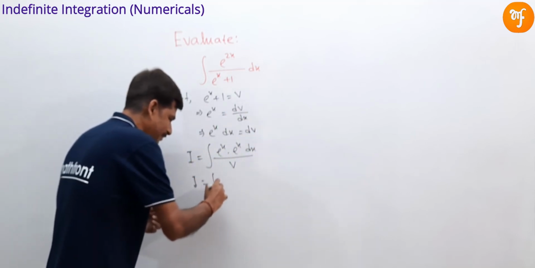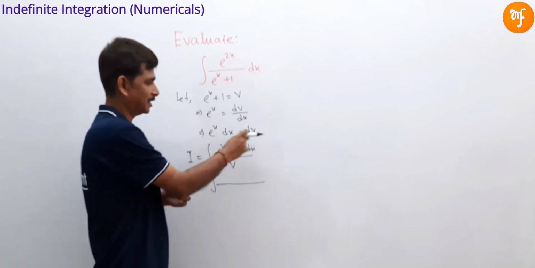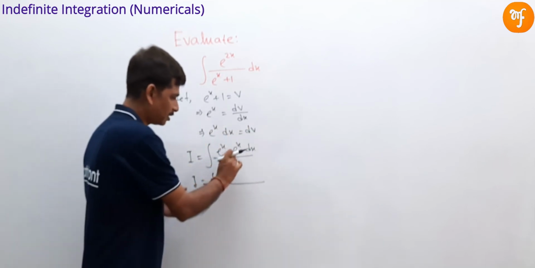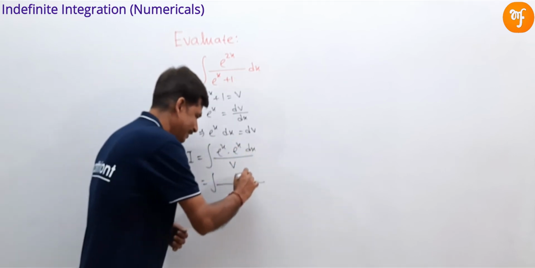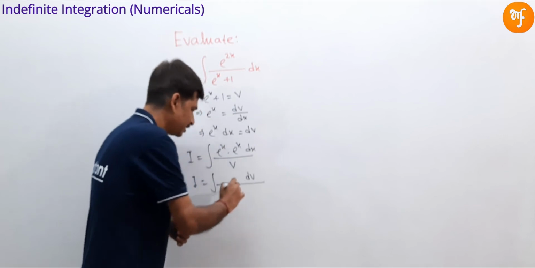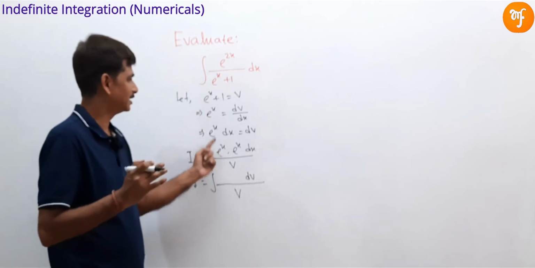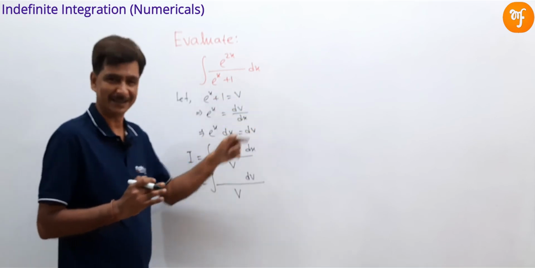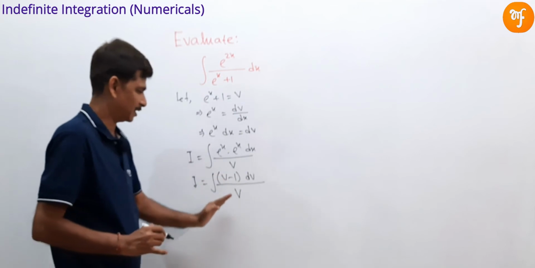In the next step, this e to the power x into dx can be written as dv. So, instead of this e to the power x dx, we are writing dv. So, dv, the denominator is v, and instead of this e to the power x, we can write v minus 1. So, it is (v minus 1) dv divided by v.